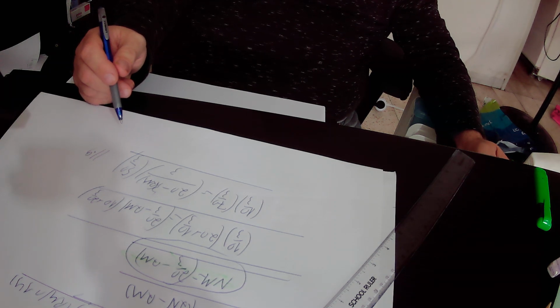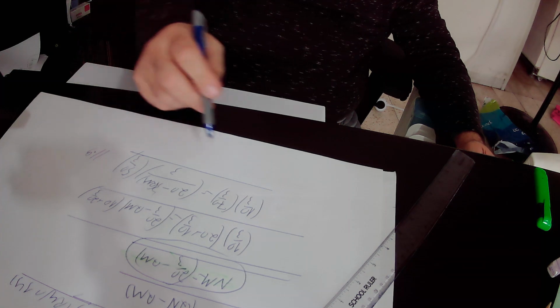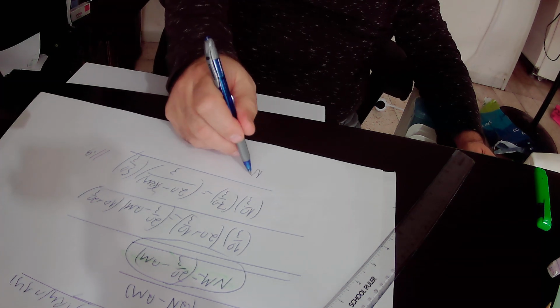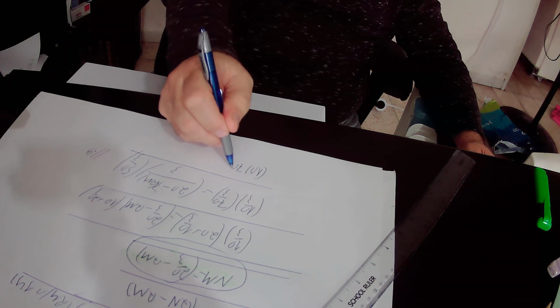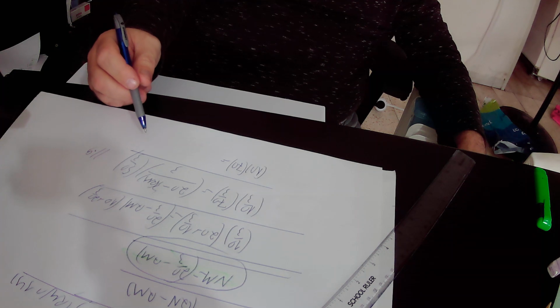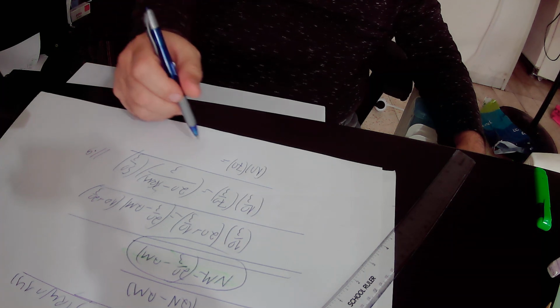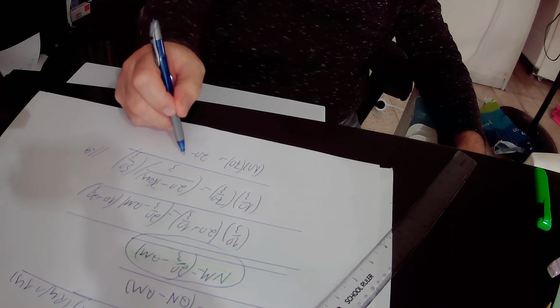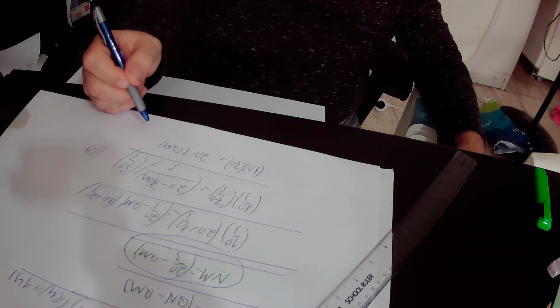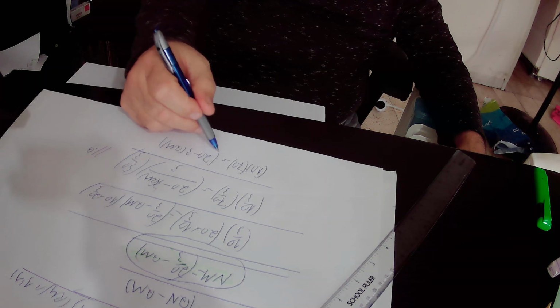After we multiply by 9, we are left only with 10 times 70 equals 20 minus 3QM times 50.